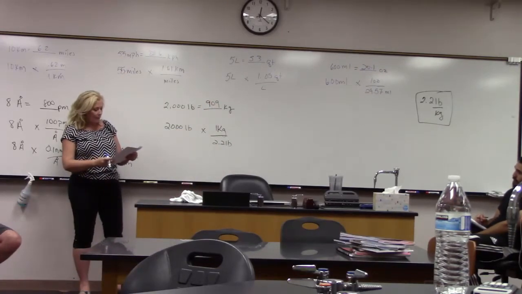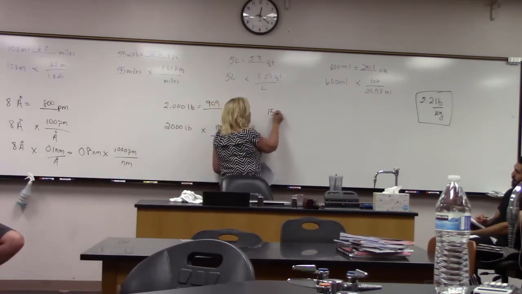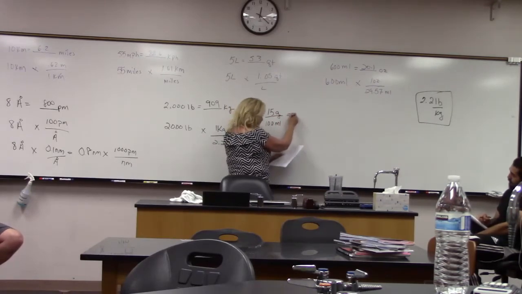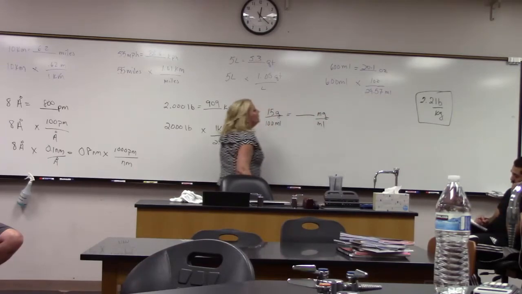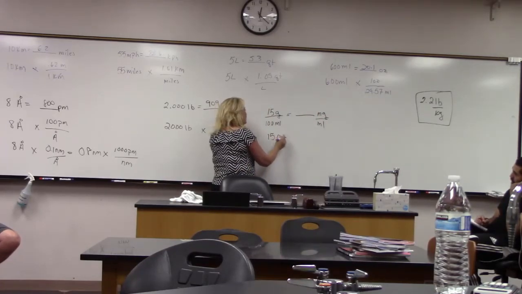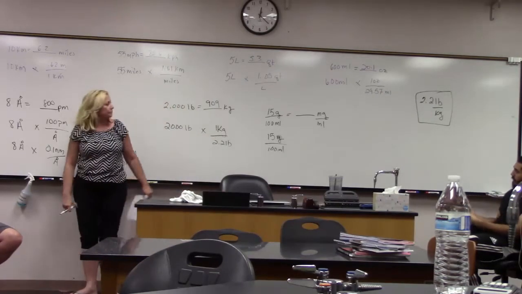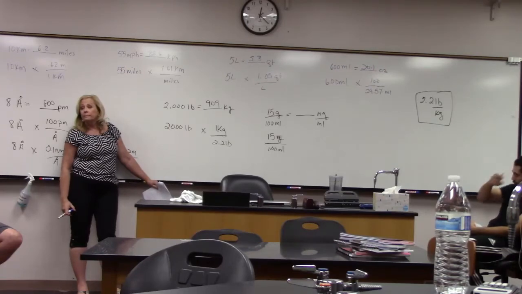Okay? Next one is I have 15 grams of hemoglobin in 100 milliliters of blood, and they want you to convert that into milligrams per milliliter. So what do I convert first, grams or milliliters? Okay? What do I do? 1,000.